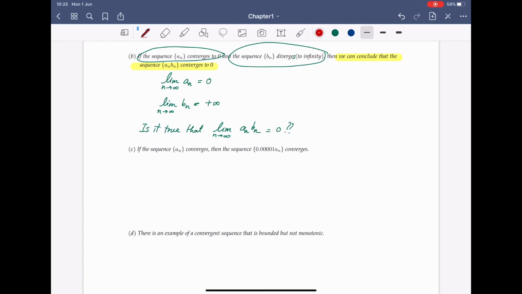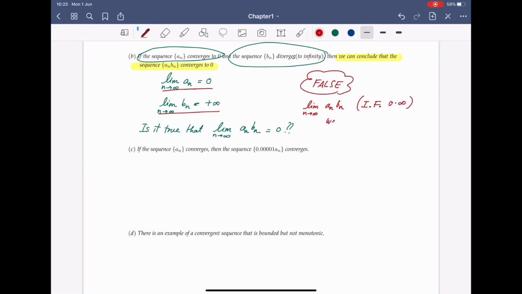So the answer is what? It is false, right? Because when you have the limit of an is 0 and the limit of bn is infinity, then the limit of an times bn is an indeterminate form, 0 times infinity. This is what we learned from Cal 1.